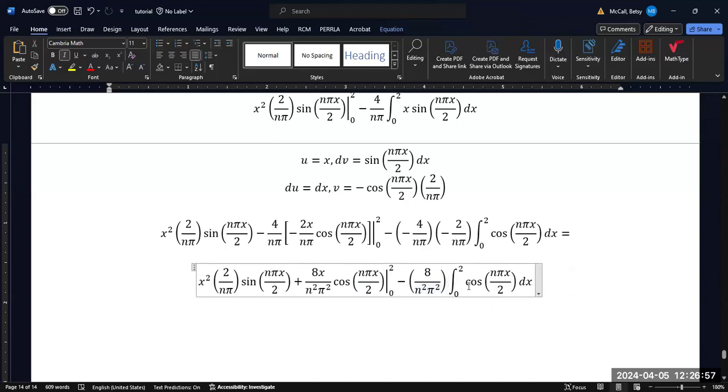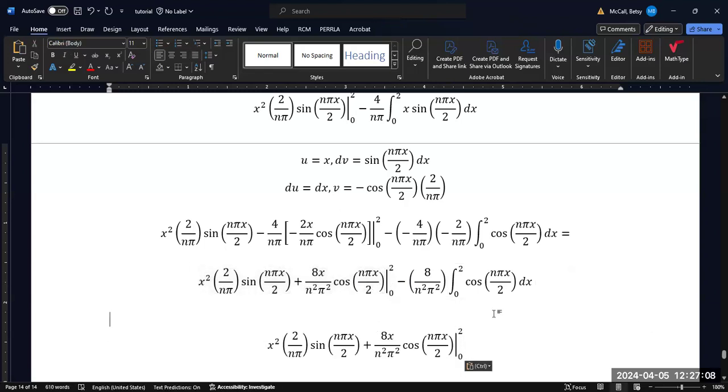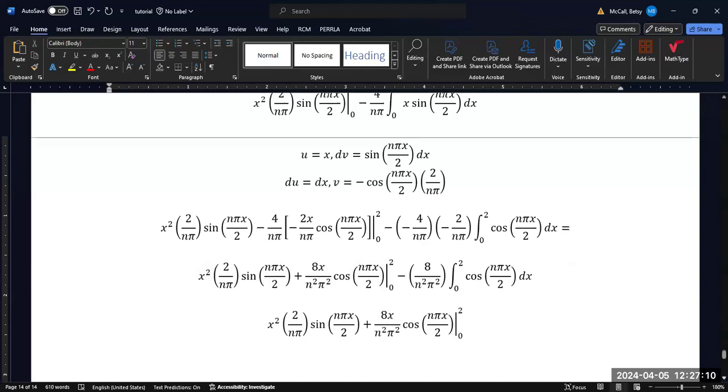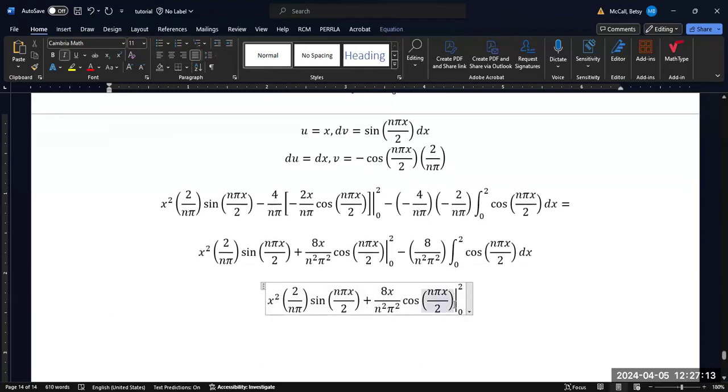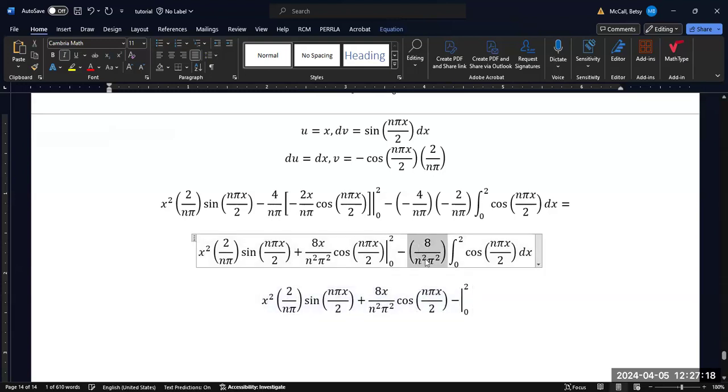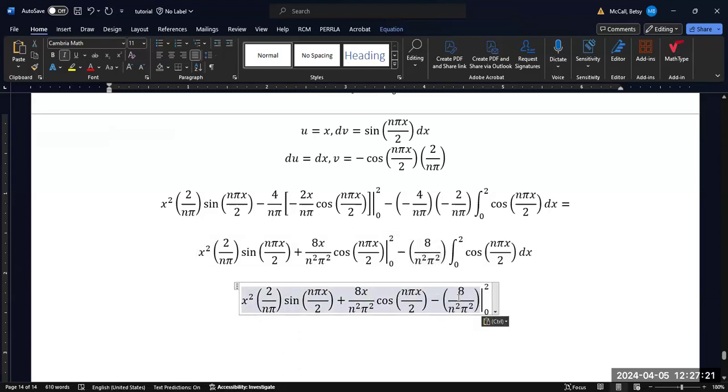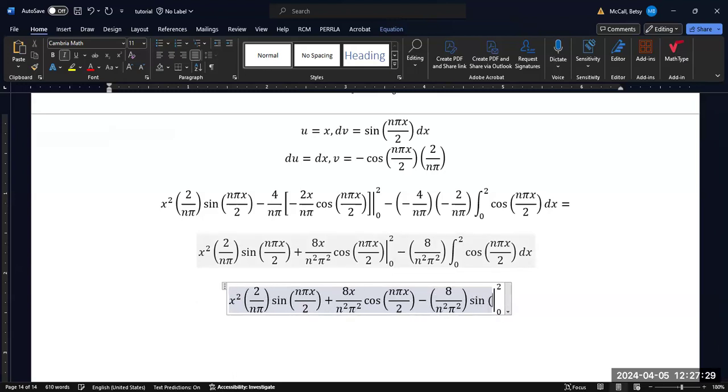And then we still have to do this antiderivative right here. This we do not have to do integration by parts for anymore, which is good. And so we're just going to do the antiderivative, negative this coefficient. And then when I integrate cosine, I get sine of n pi x over 2.